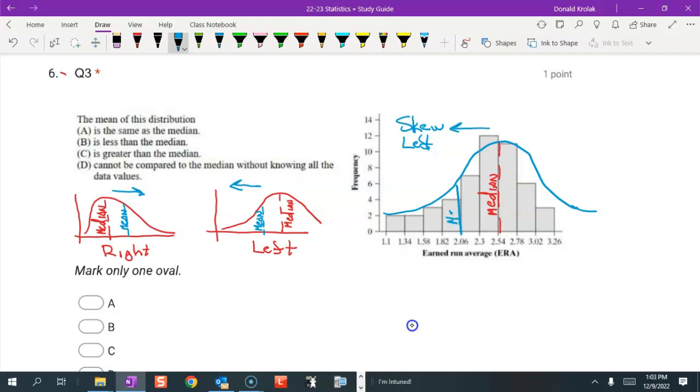So the mean would be to the left of the median here. It would be a smaller value. If something was skewed to the right, then the mean would get pulled to the right, as you can see over here, and it would be a larger value. So in this case, the mean is going to be less than the median because it's getting pulled towards the left.